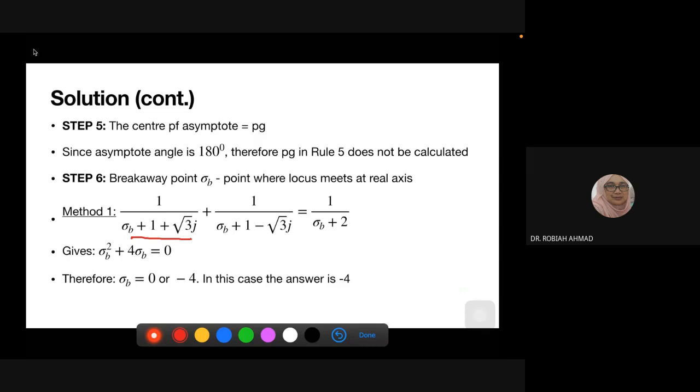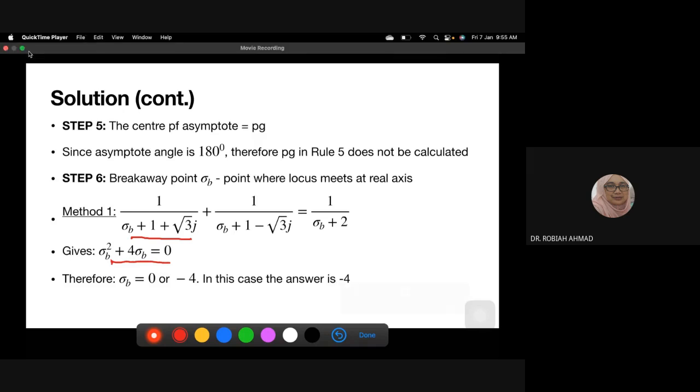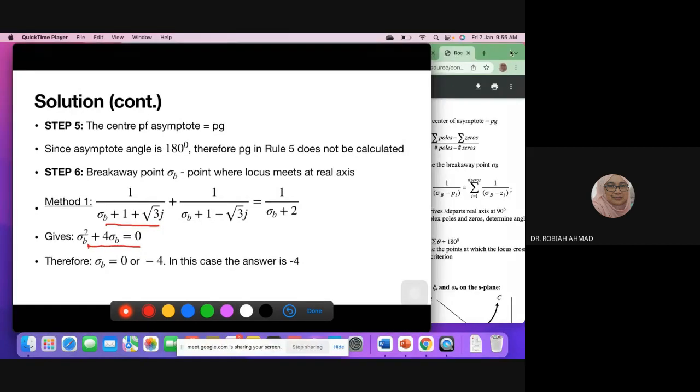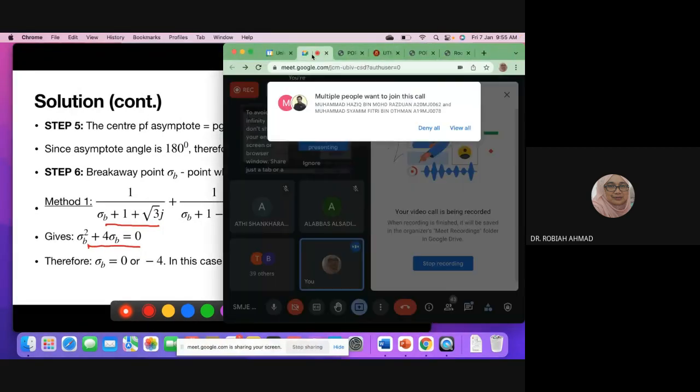So when we solve this, ni bila buat satu-satu lah. So because we have one equation, one unknown, which is breakaway point, so we can, ada lagi yang baru masuk.